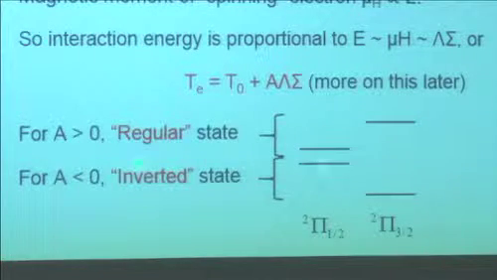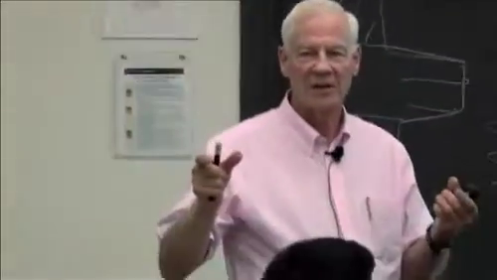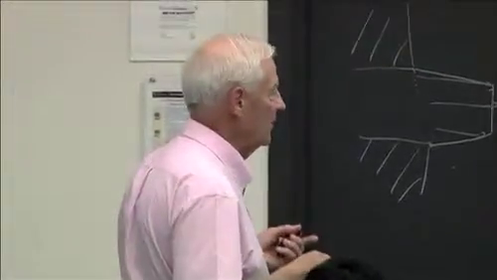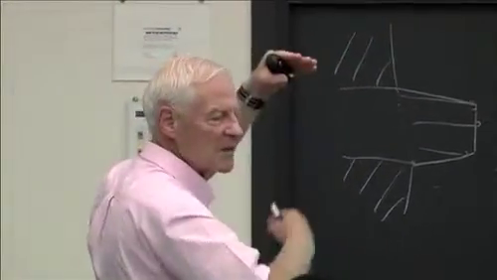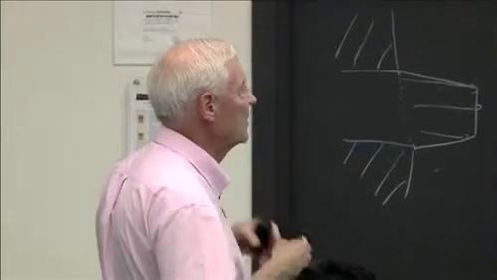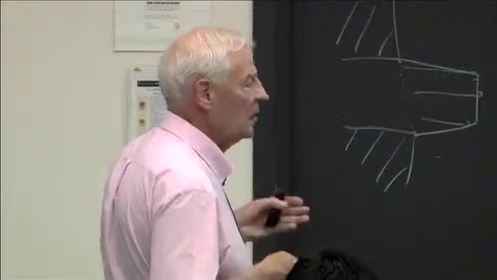If A is negative, it's inverted. It turns out OH is inverted, and NO is positive, is regular. So it's possible for this number to be negative, but all it's really saying is what's the difference in the energy levels for these two spin-orbit substates.